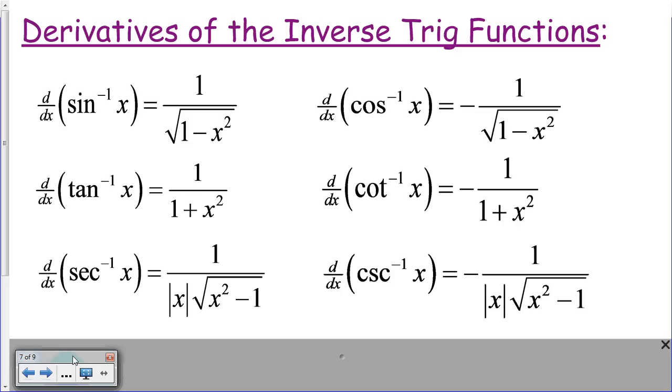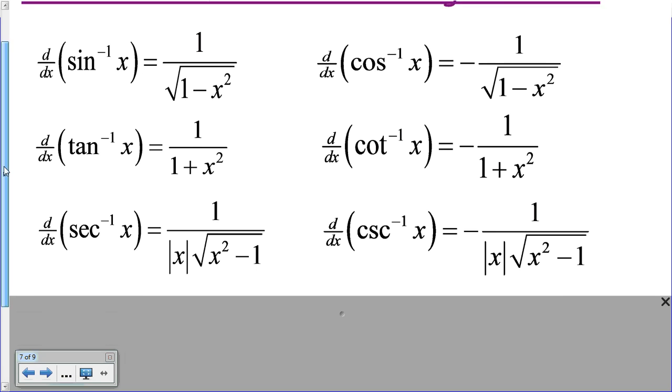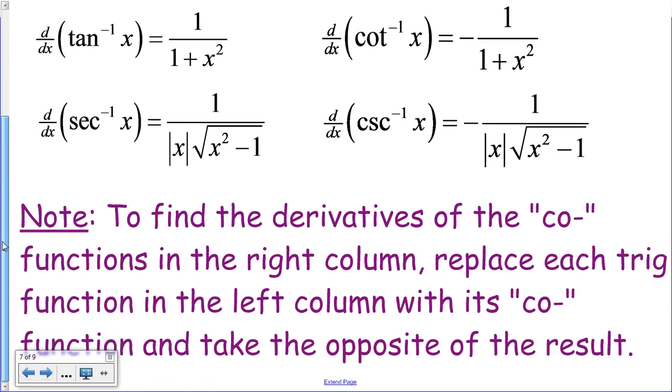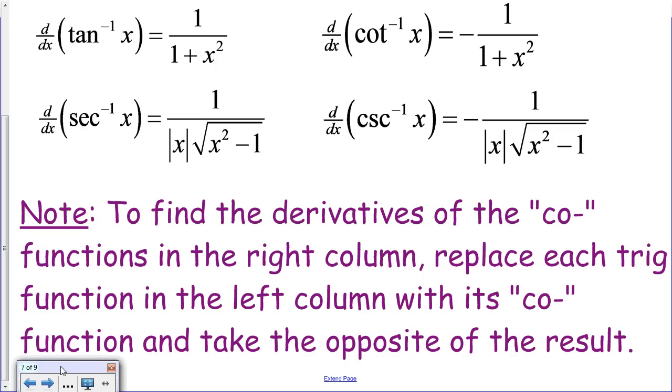In fact, I can follow that same property that we talked about with the derivatives of our trig functions. We can follow that same property here with our inverse functions. To find the derivatives of your co-inverse functions in the right column, replace each of the inverse trig functions in the left column with its co-function and take the opposite of the result.